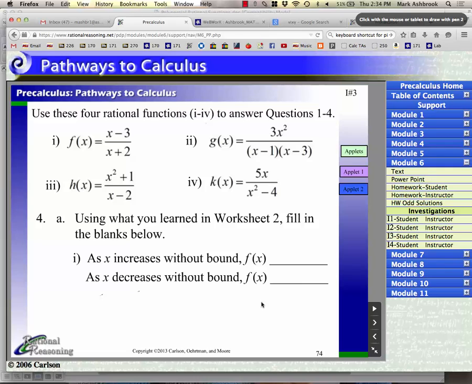So look at 1. How would you find the effective leading term for this first function? You look at the leading term of the numerator and the leading term of the denominator, and you take the ratio of those. So for number 1, for f of x, the effective leading term is what? x over x, and then we can simplify it to 1.